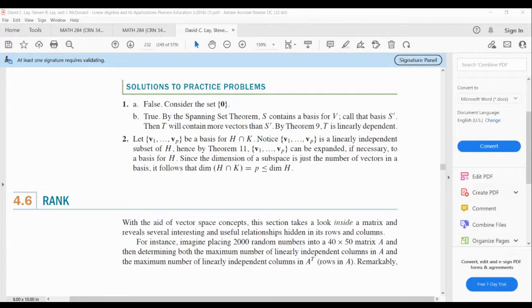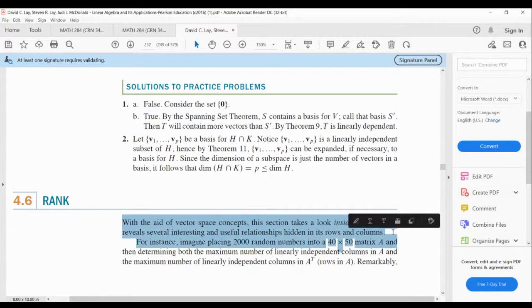At the top here, it says, with the aid of vector space concepts, this section takes a look inside a matrix and reveals several interesting and useful relationships hidden in its rows and columns. Okay, hidden in its rows and columns.